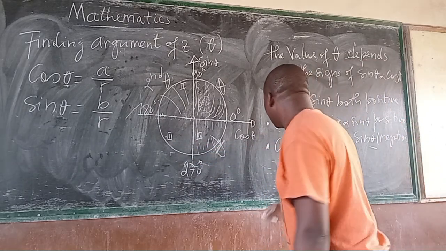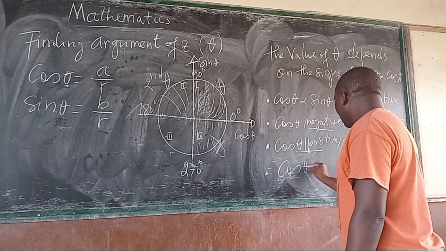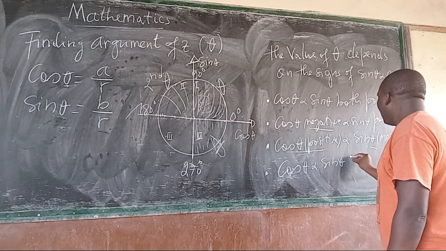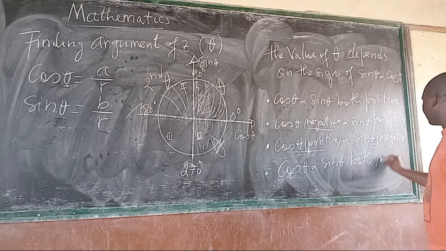Then the fourth case is where the cosine of an angle theta and the sine of an angle theta are both negative. Both are negative.